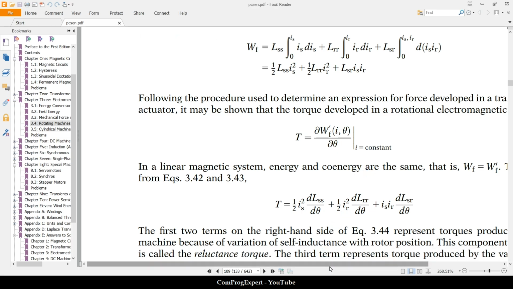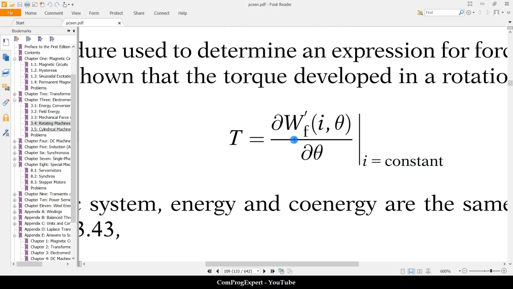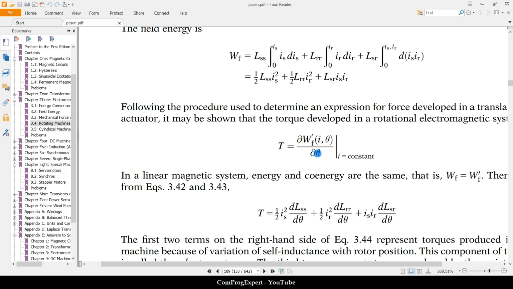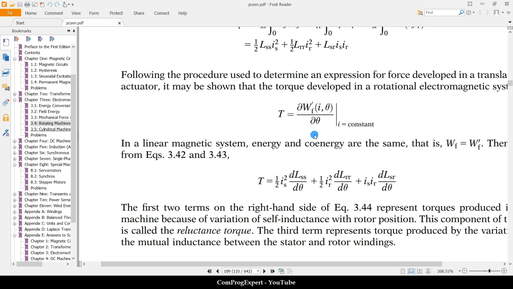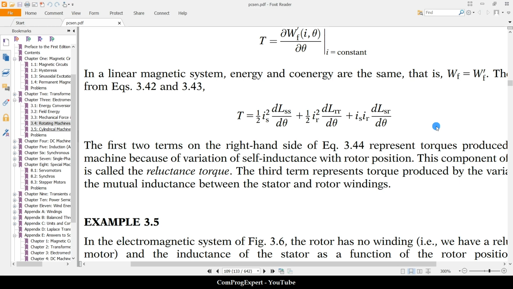And how much is the value of the torque? We can take the partial derivative with respect to theta. Okay, so the value of the force is a partial derivative with respect to position coordinate. Here we use the angle coordinate. So in this case, if you take the partial derivative, we will have this equation for the torque.